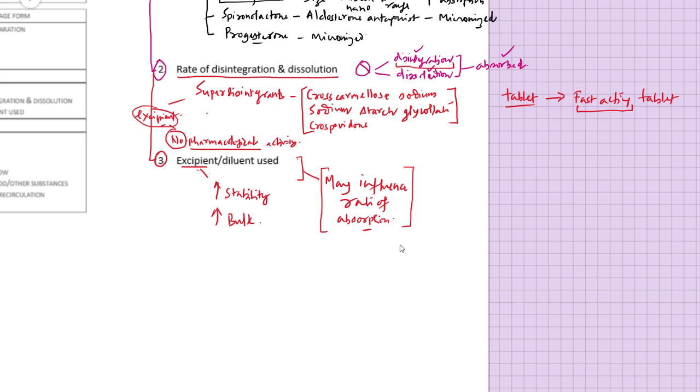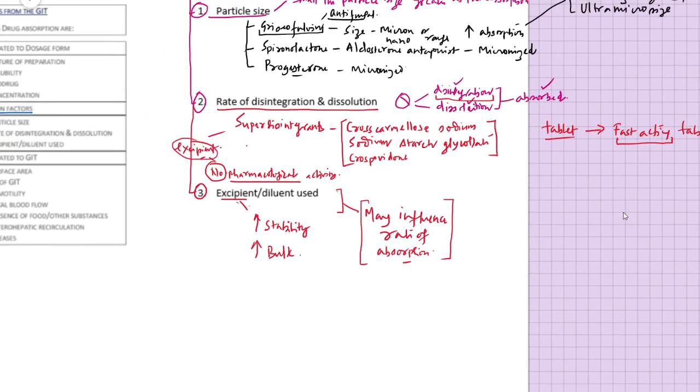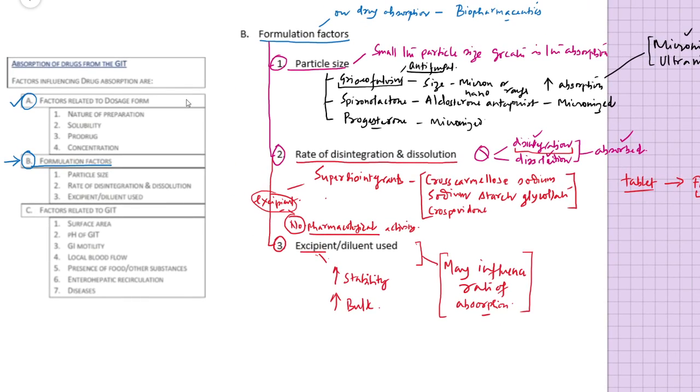But it might not be clinically different from generic drugs, provided the generic drugs are listed in the Orange Book. So we have covered, in the map, the formulation factors which influence drug absorption from the GIT.